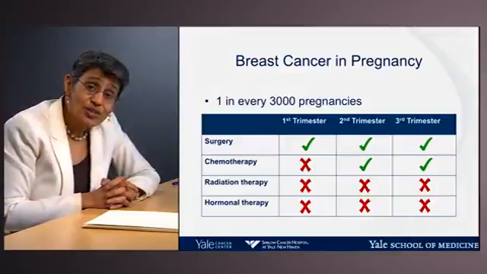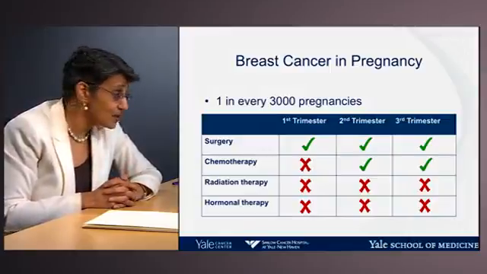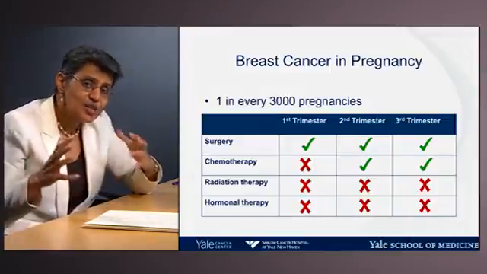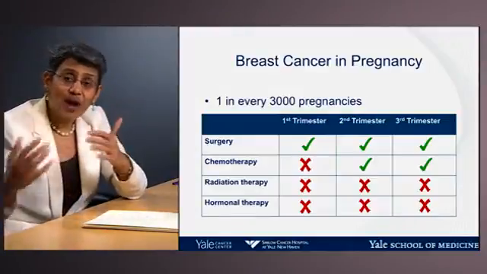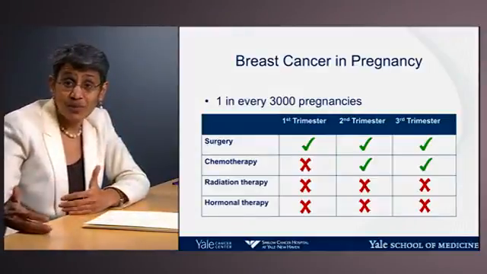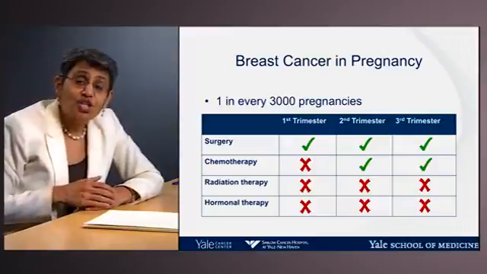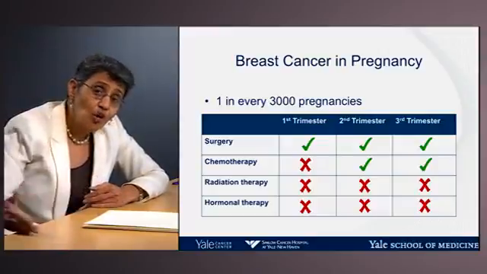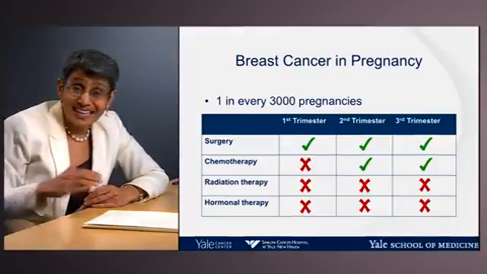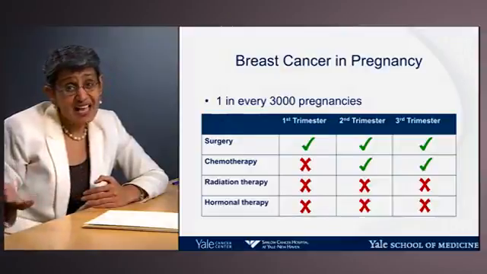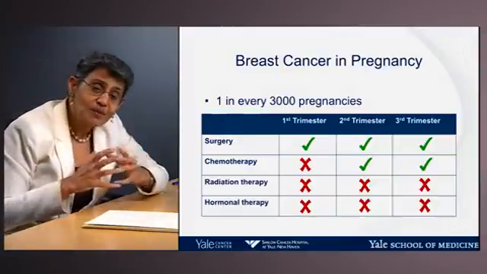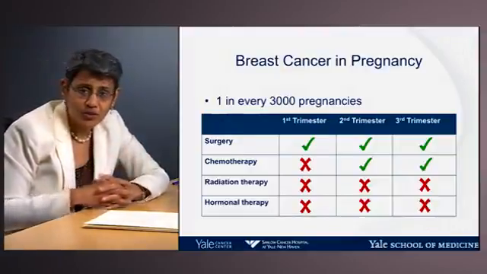Breast cancer occurs in 1 in every 3,000 pregnancies, and the management really depends on the trimester in which we detect it. So, surgery is safe in all 3 trimesters. In the first trimester, as in the other 2 as well, we want to be particularly careful to monitor the fetus.